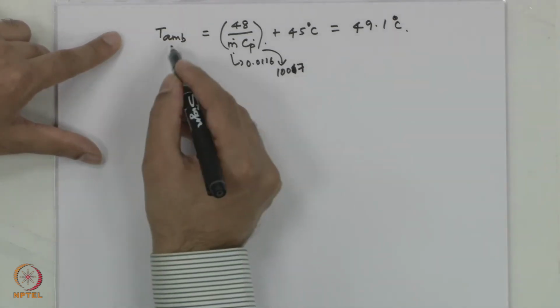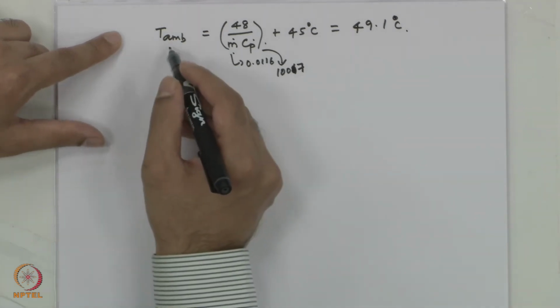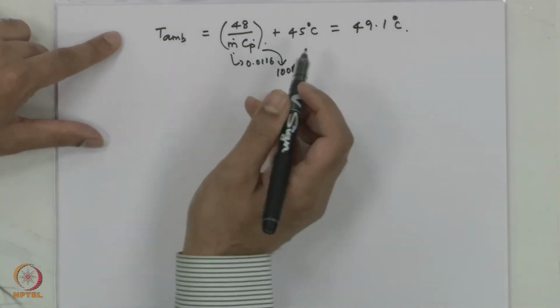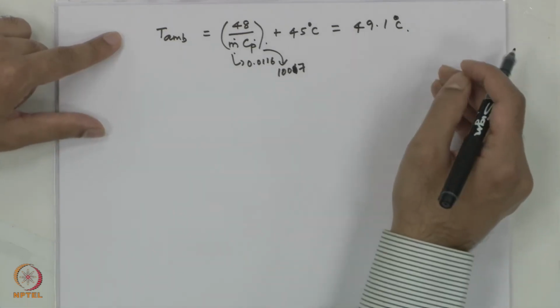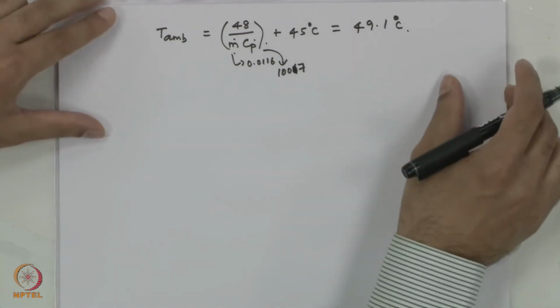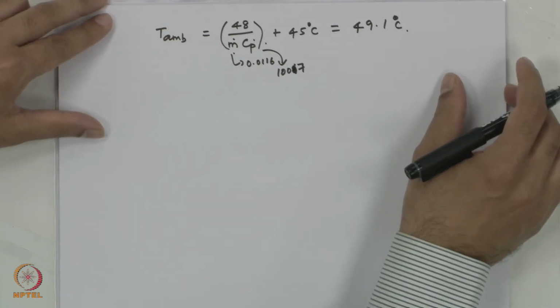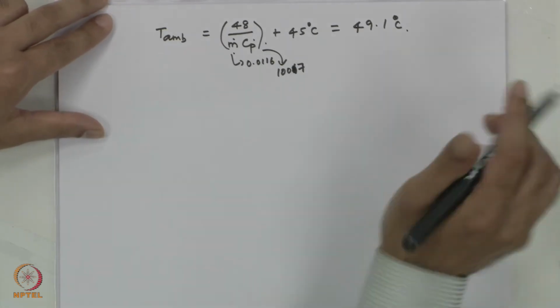So, this is the ambient temperature to the processor, assuming that the flow after the low power device is well mixed. This is an assumption that we are making. In many cases the flow may not be well mixed after the low power device.